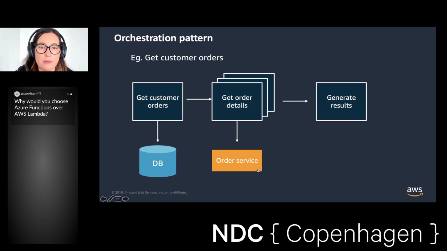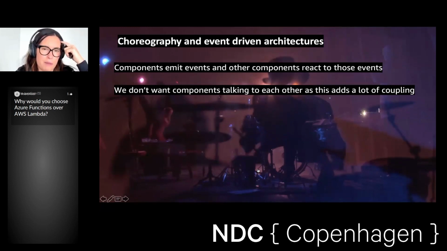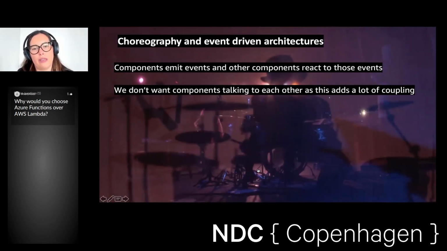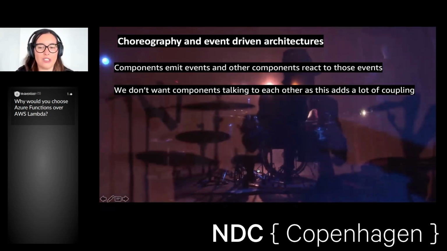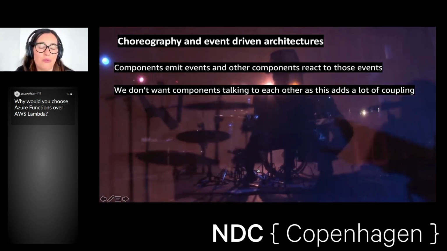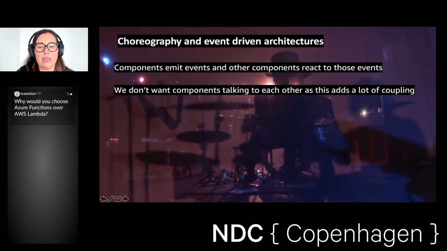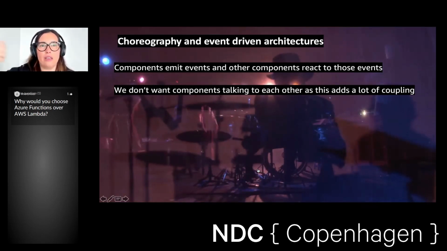So that's one pattern. Then we have the choreography pattern, which is more aligned with event-driven architectures. Basically, we have all these functions that are waking up to events that are coming in. One event, like a client has been added, and then somebody has to act and react on that. One way to do it is that functions react to events that other functions emit.